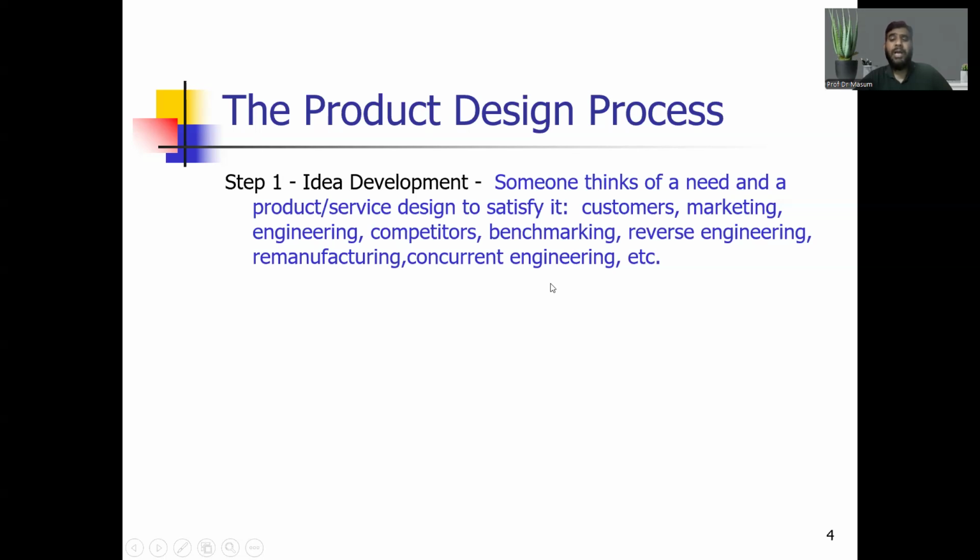Concurrent engineering means that you alone, the design department, will not decide what the product design will be. Rather, you will work in a team: operations managers, marketing managers, product managers, accounts managers will sit together and then you will decide which product you are going to produce.